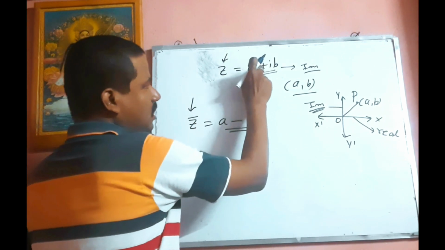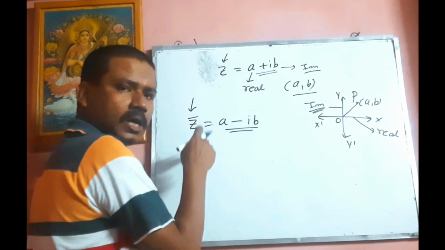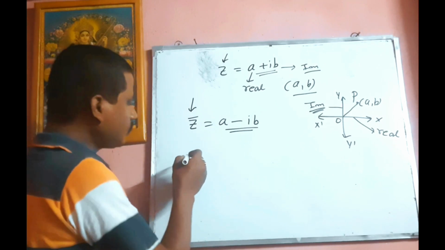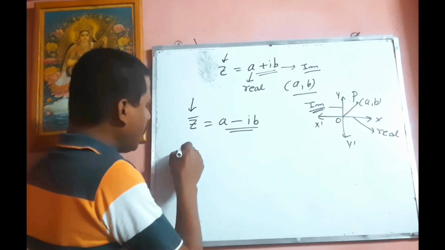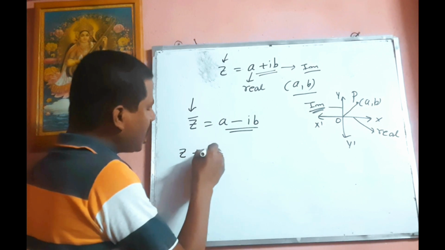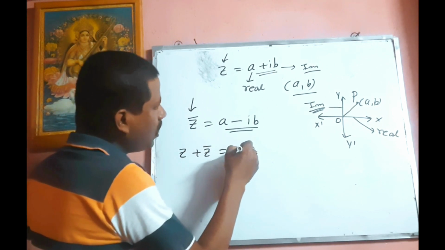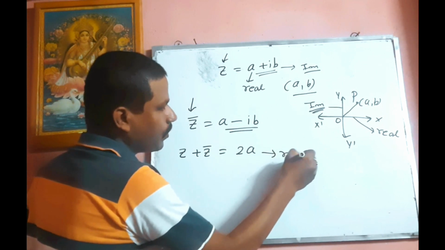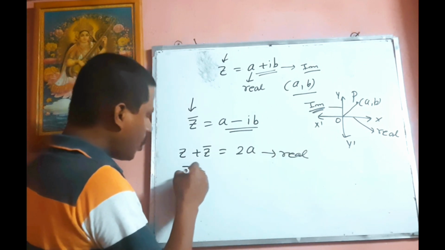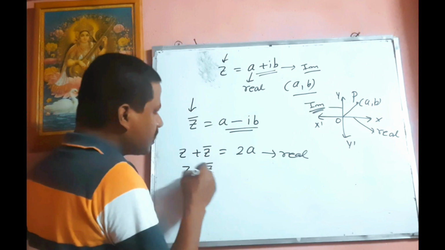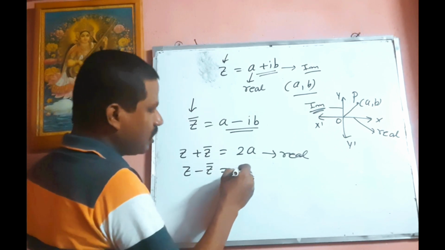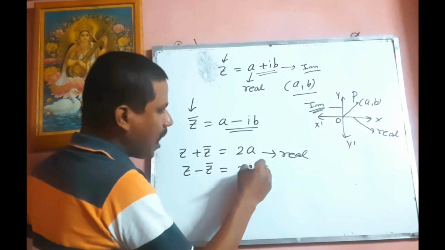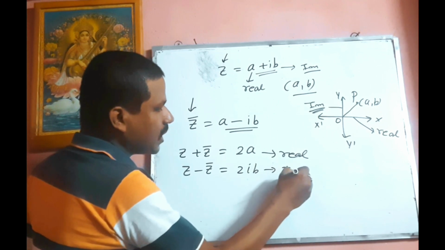Now if we add z plus z bar, we get 2 times a, which is purely real. And when we subtract z minus z bar, we get 2 times ib, purely imaginary.